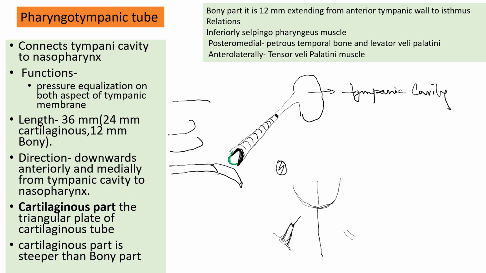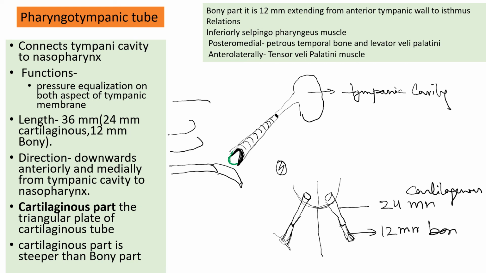This is the isthmus, which is the narrowest part, and then this is the cartilaginous part opening into the lateral wall of the nasopharynx, then the narrow isthmus, and then further broad bony component. Okay, so this is 12 millimeter in length, and this one is 24 millimeter in length. So this is the cartilaginous part, and this is bony. Okay, so total 36 millimeter.